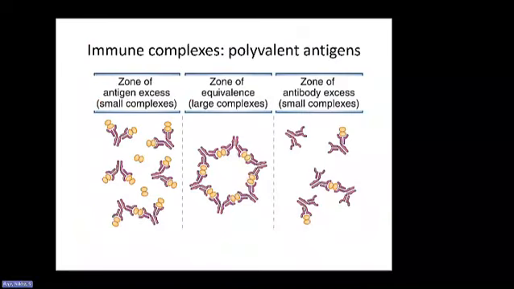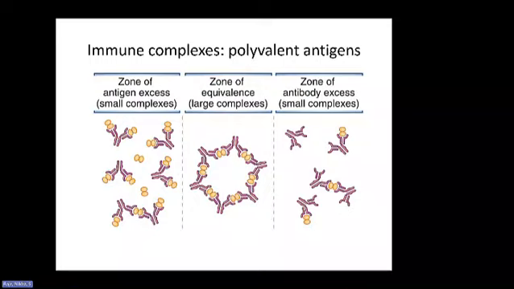We have learned this in medical school. When there are polyvalent antigens, it depends on how much antigen and how much antibody is present to determine how big the complexes will be. If there is too much antigen, the antibodies are dispersed and can bind to a few of those antigens one at a time, so they don't form a complex.